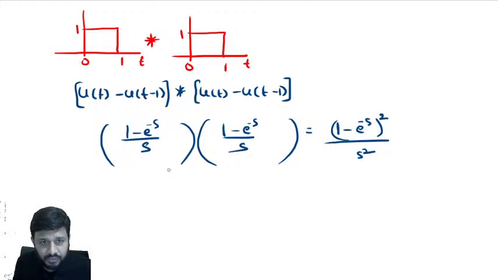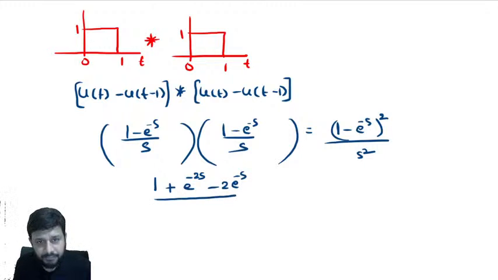Now, if I expand, what will come? (1 plus e power minus 2s minus 2 e power minus s) by s square. Right.